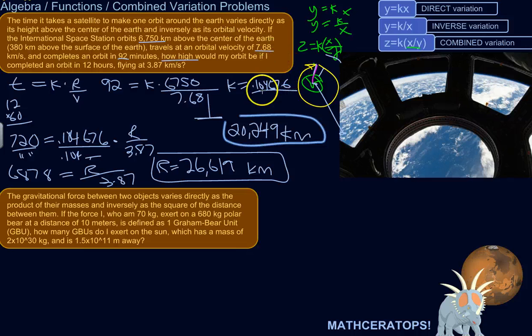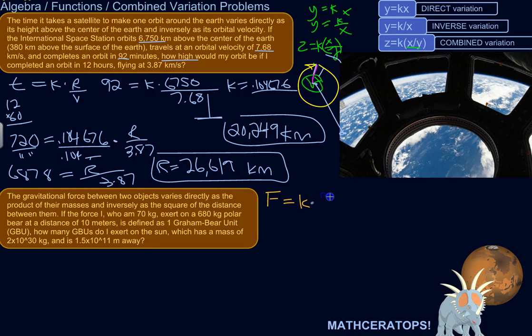Alright, let us do this one. The gravitational force between two objects varies directly as the product of their masses and inversely as the square of the distance between them. So we could say force, this is also a true story, force is some constant times, okay, varies directly as the product of their masses.